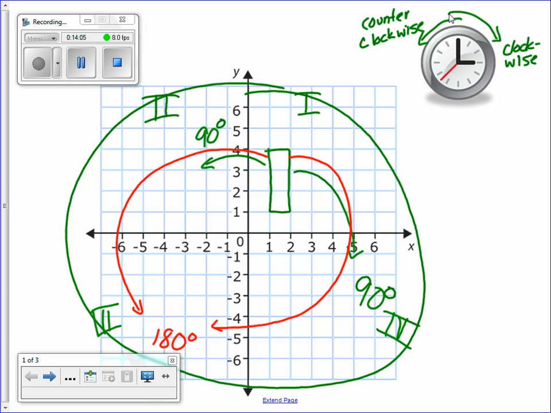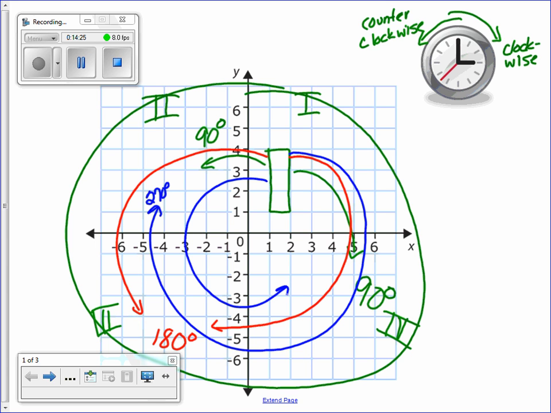If I wanted to rotate this object 270 degrees clockwise, it's going to end up right here. Okay? If I wanted to rotate it 270 degrees counterclockwise, the image will end up right here.